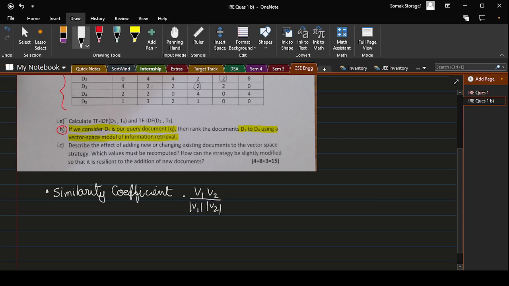If the similarity is high, the rank will be high, right? This will be the case.